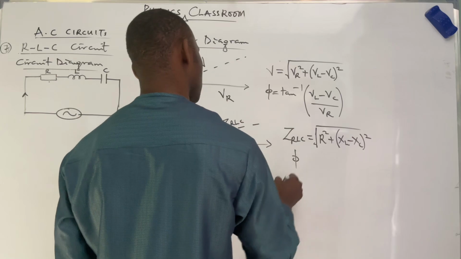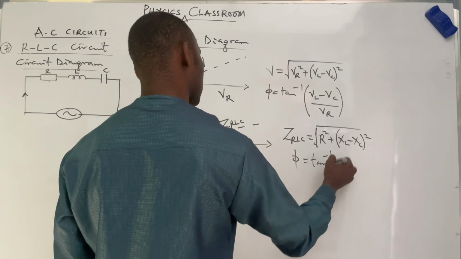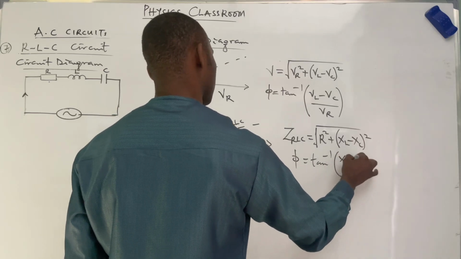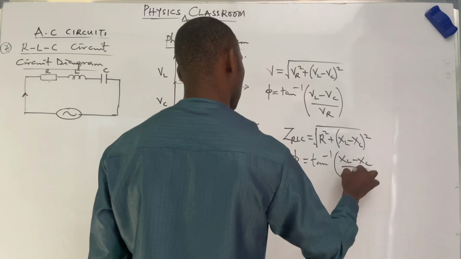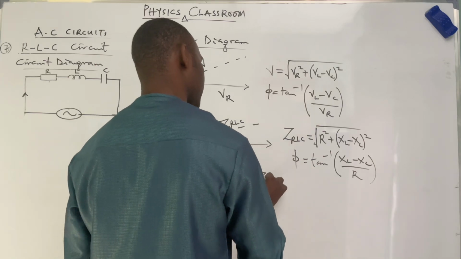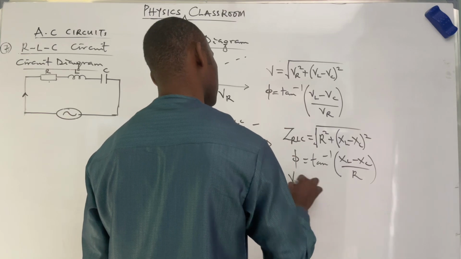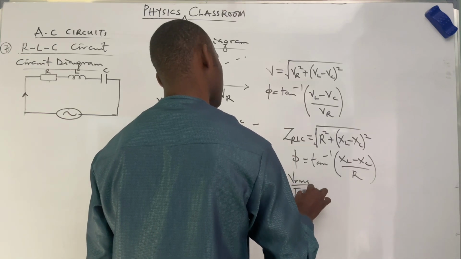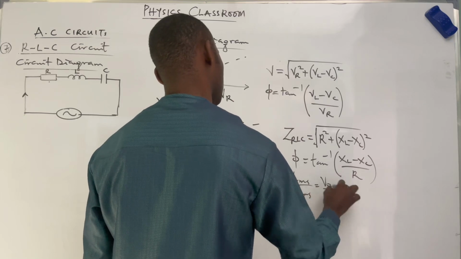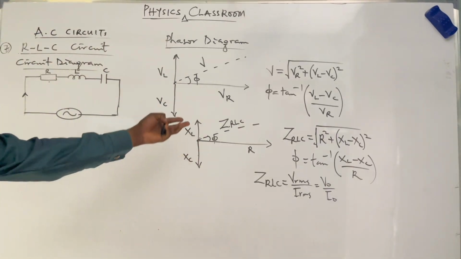Then the phase angle will also be tan inverse of XL minus XC all over R. Don't forget, our ZRLC is also equal to VRMS all over IRMS, which is equal to peak voltage all over peak current. Take note of this.